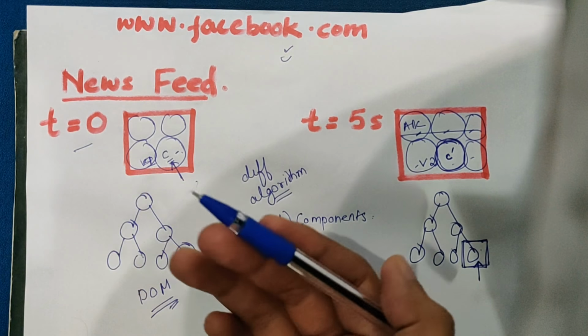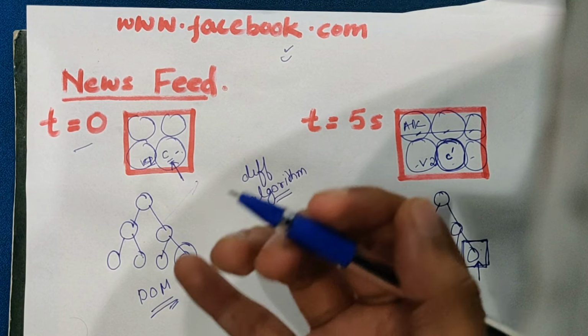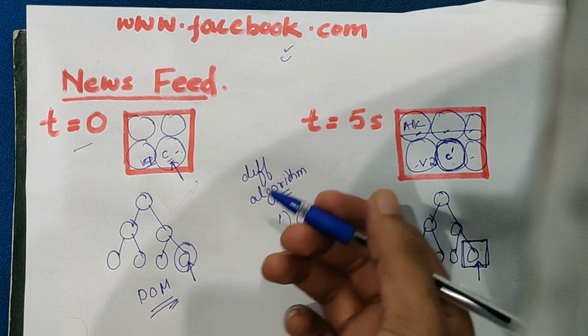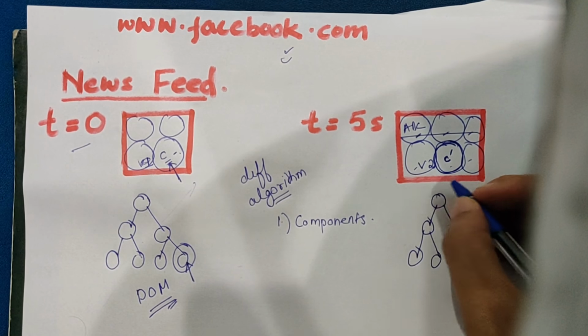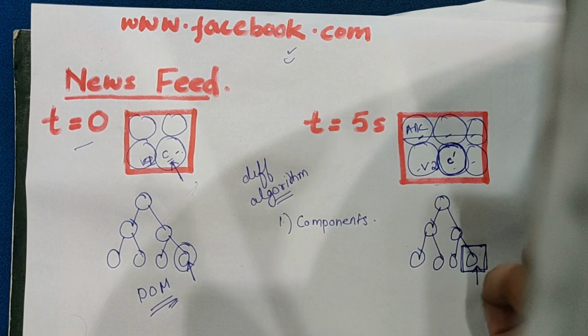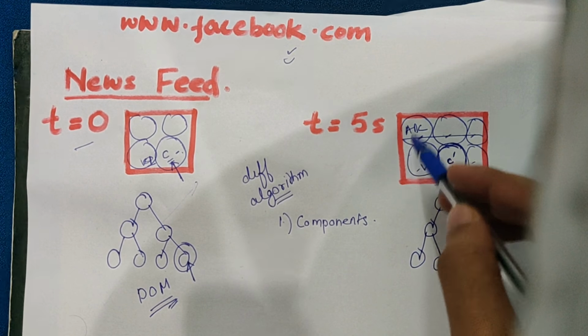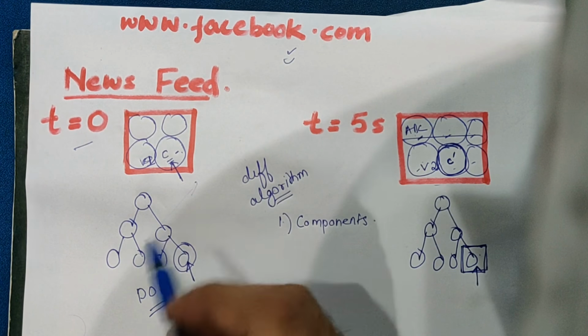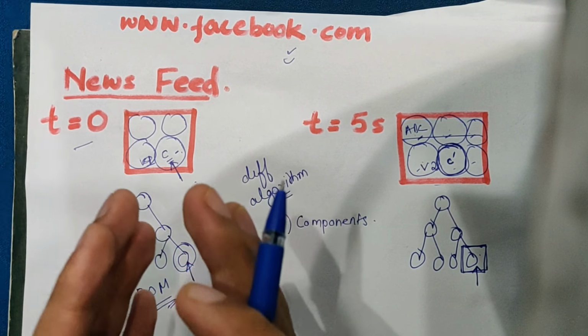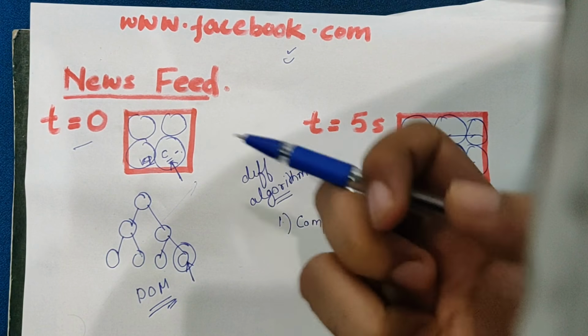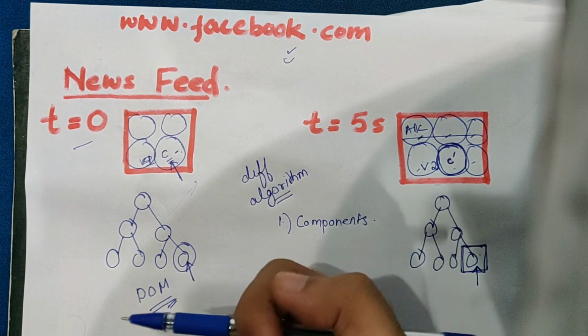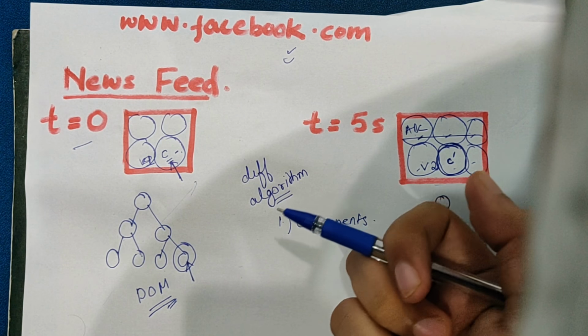And suddenly after 5 seconds, my friend shares a post on Facebook and my new news feed might look like this. We'll be talking about these circles in a minute. So after 5 seconds, the thing which I see on my browser is getting changed.